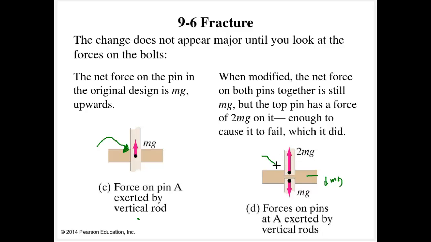So this pivot point here is now supporting 2 times the mass times gravity, and the one above it is going to support 3 times the mass times gravity, which eventually exceeded the ultimate strength of the pivot point, causing the walkway to fail.